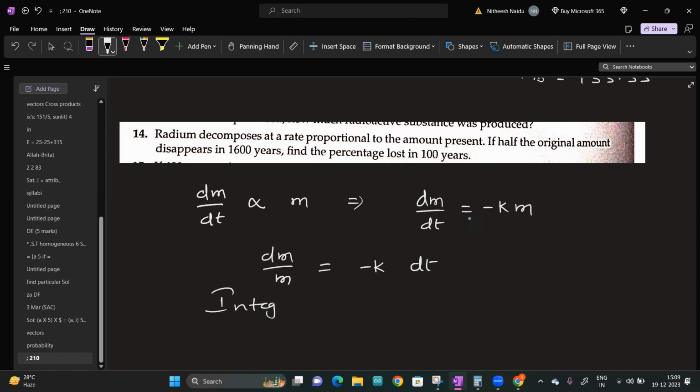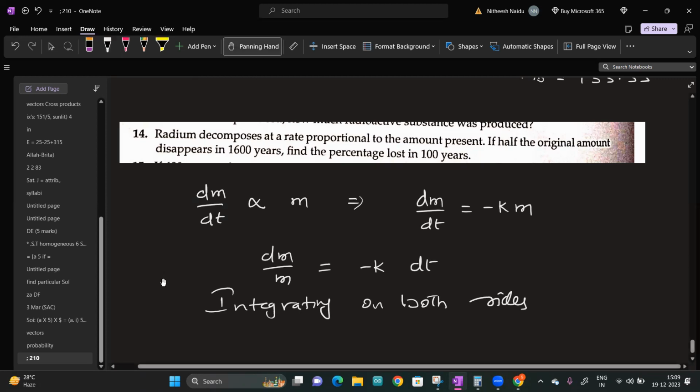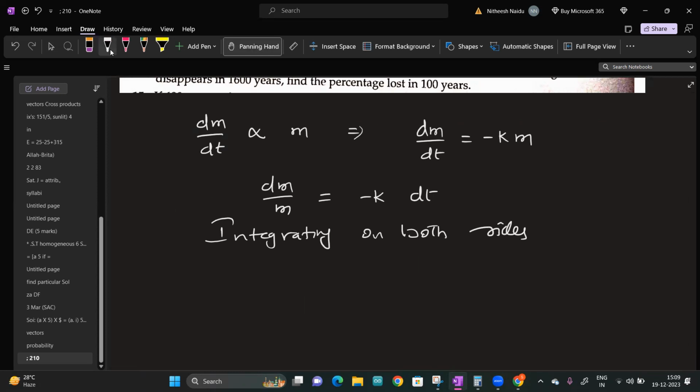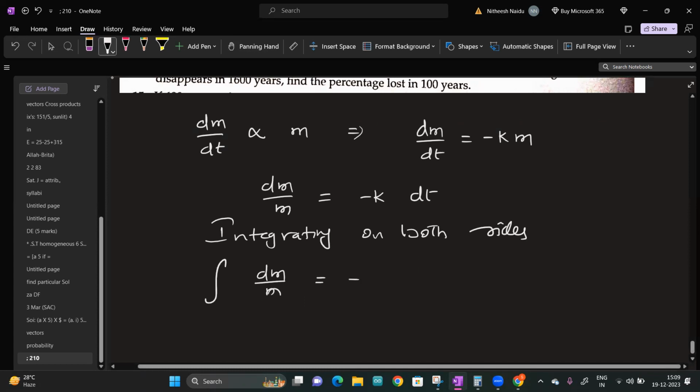Now integrating on both sides, integral dm by m is equal to minus k into integral 1 dt. How much is this? Log m is equal to minus kt plus c. You know how to calculate the c value.